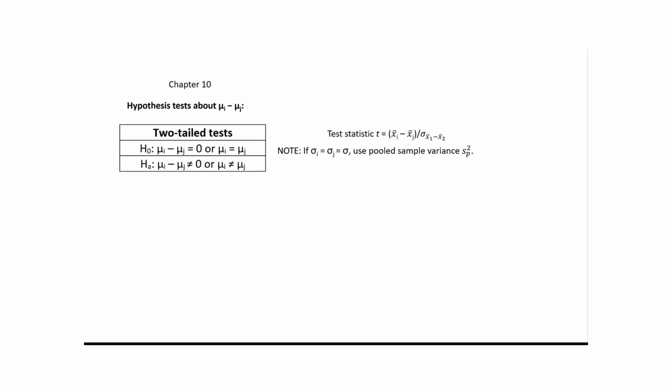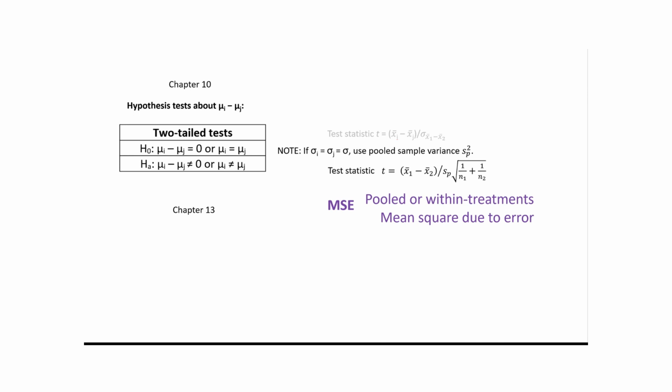So then we can use the pooled sample variance as an estimate of our sampling distribution variance. So our t-statistic then becomes as shown here. In the context of our analysis of variance in chapter 13, mean square due to error is our pooled, or within treatments, estimate of variance. So then our t-statistic becomes as shown here.